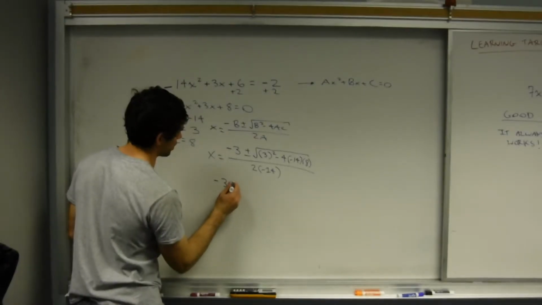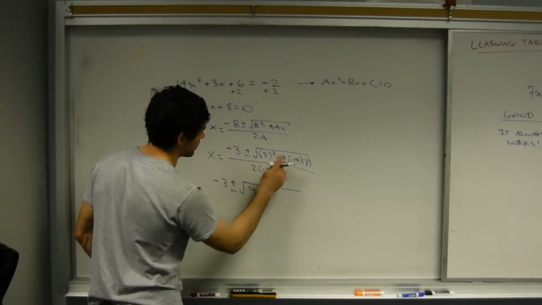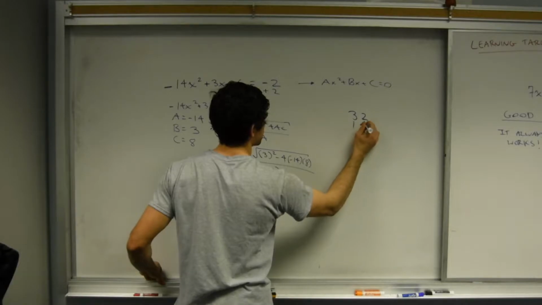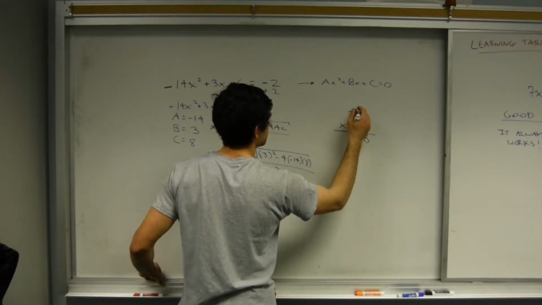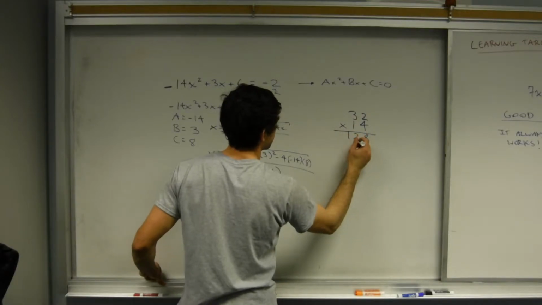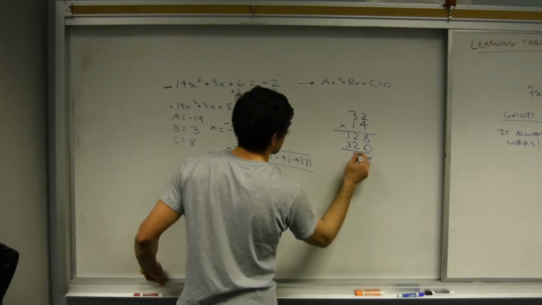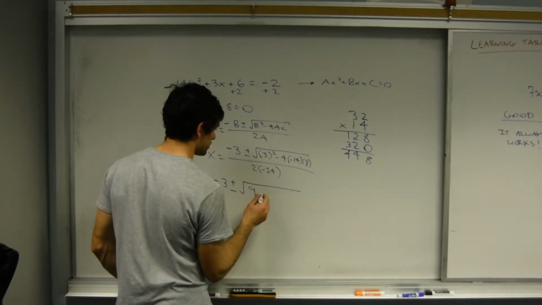Plugging this in and going further, you would get 3 plus or minus the square root of 9. 4 times 8 is 32, times 14. 4 times 2 is 8. 4 times 3 is 12. Bring the 0 down. So we'll get 448.